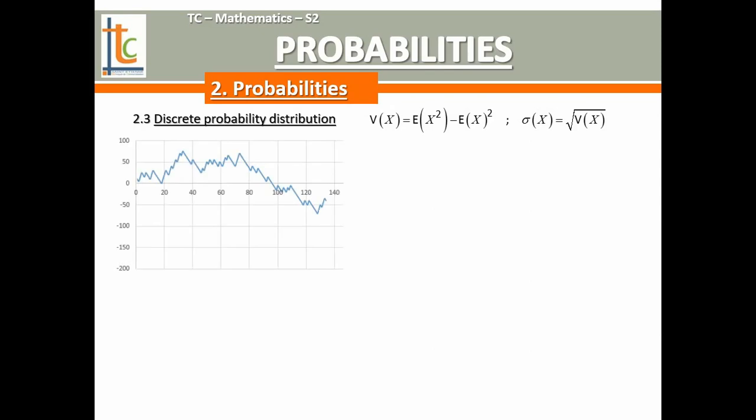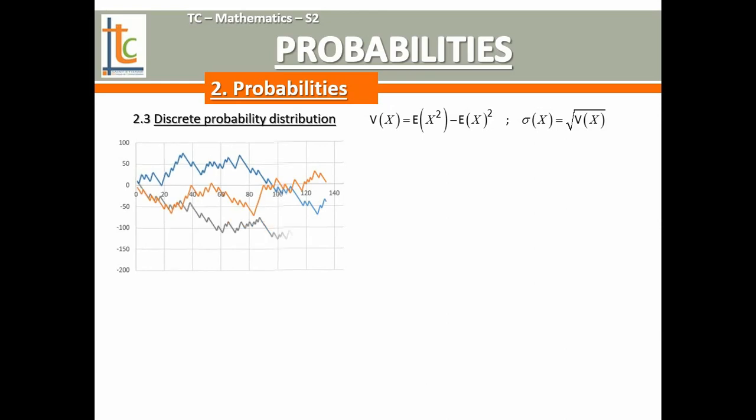So a first simulation of gains could be this one. Let's display on the same graph a second simulation, okay, that is made again by random. Another player could have obtained this kind of curve, and a third player could have obtained that. So this player is quite unlucky because this player always loses money.